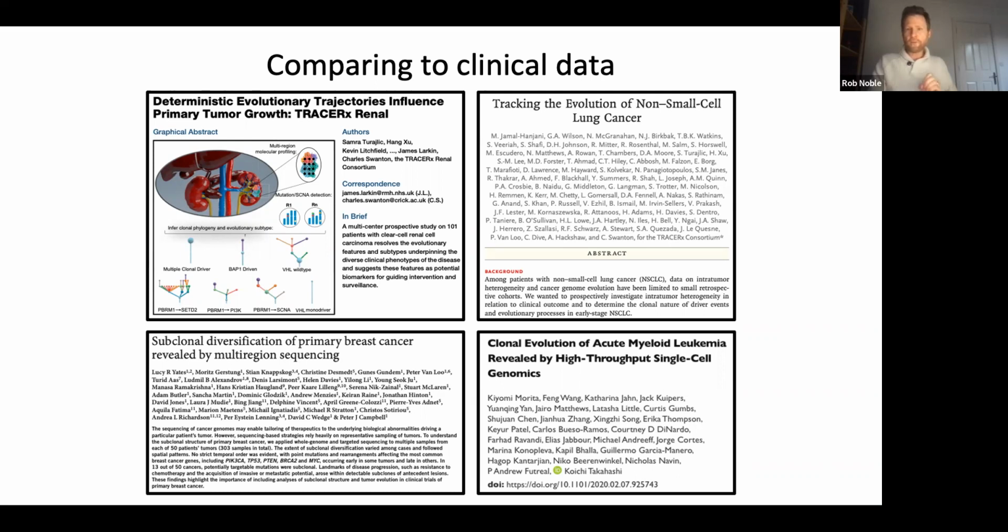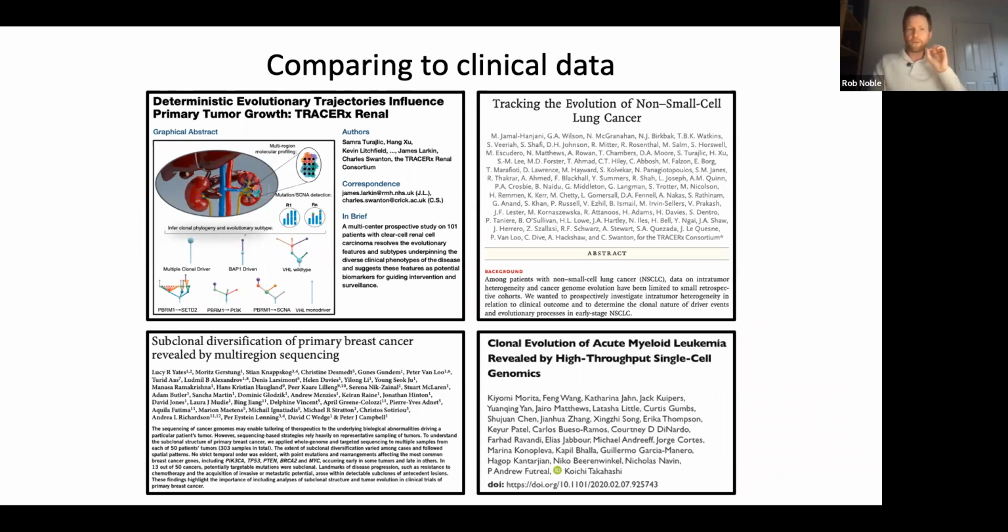So simultaneously, alongside my publication, another one was published from the TracerX team at the Crick. What they did was something a little bit similar, but they focused on renal tumors. In their model, they set it up using all of their amazing TracerX data so that they could model particular mutations with particular phenotypic effects.